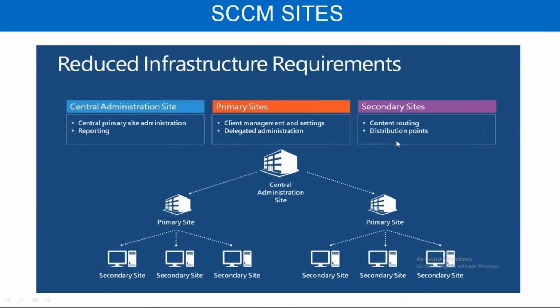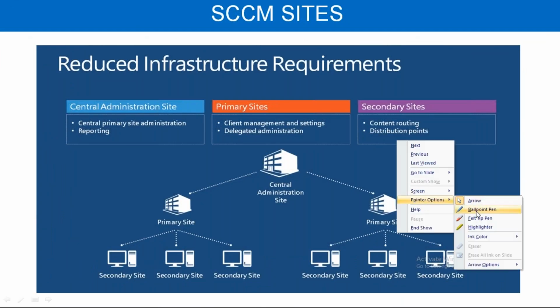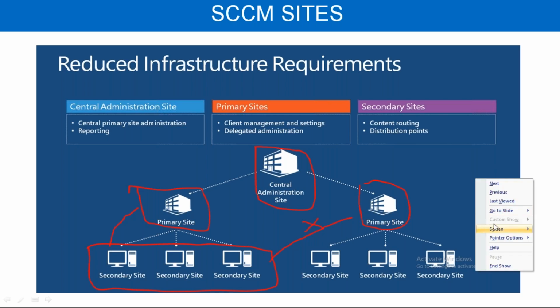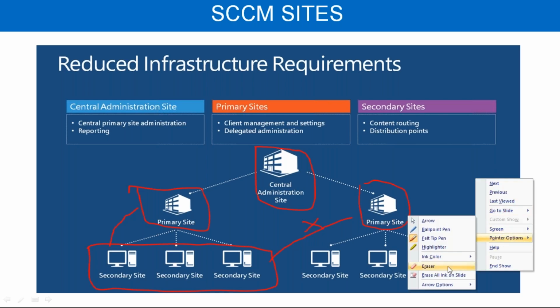You have one more diagram here. The central site will be sitting on the top of the hierarchy, and then you have the primary site and then the secondary site. A secondary site will always talk to its parent primary site. This secondary site cannot talk to this other primary site. It is not possible.